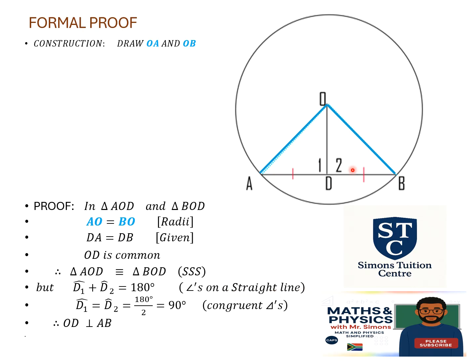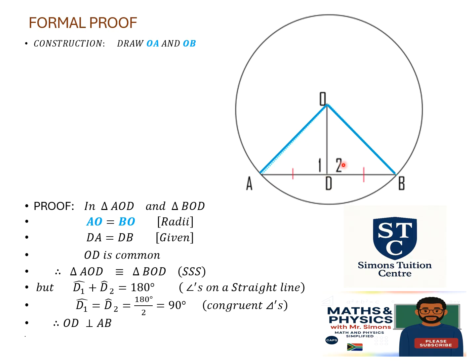But D1 equals D2 because we've proven that they are congruent. Therefore it's 180 divided by 2, because we have two angles that are the same size and add up to 180. So 180 divided by 2 gives me 90 degrees. So D1 equals 90 and D2 equals 90.